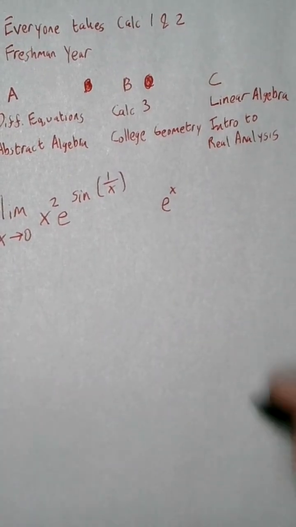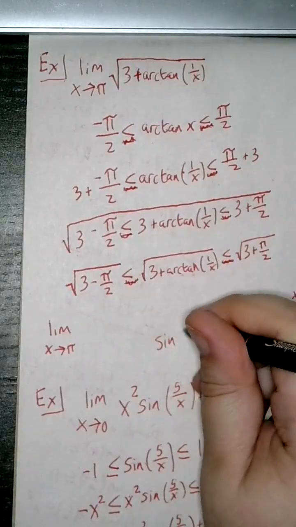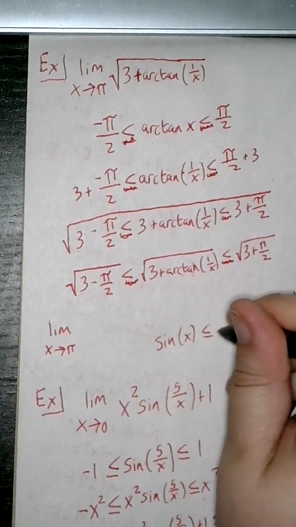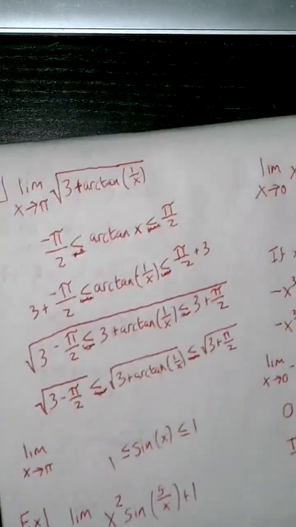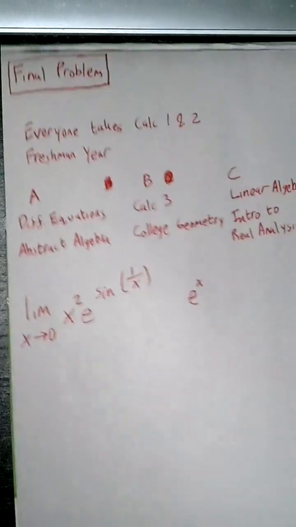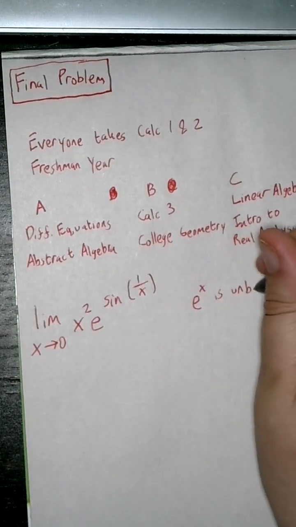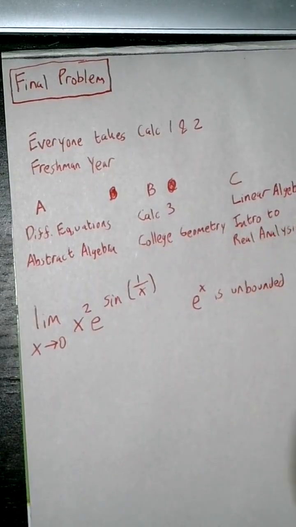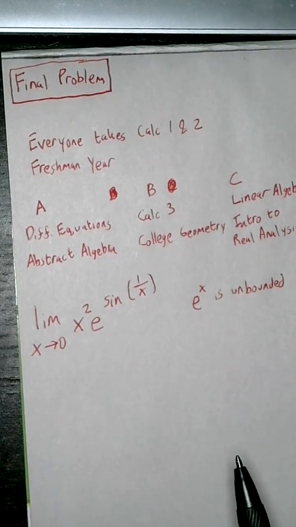For instance, sine is bounded by -1 and 1. E to the x is unbounded, because its maximum can be as high as infinity.